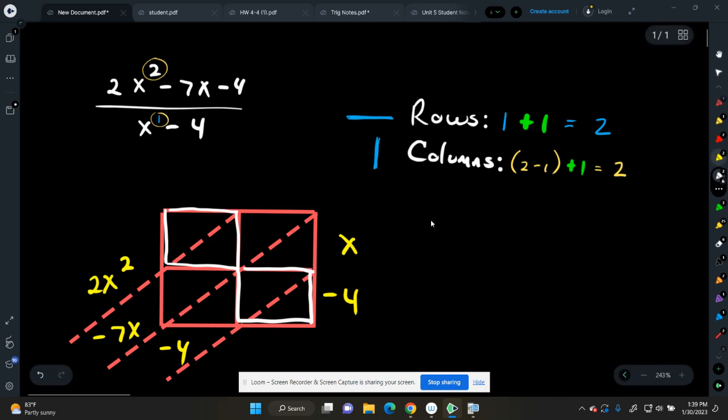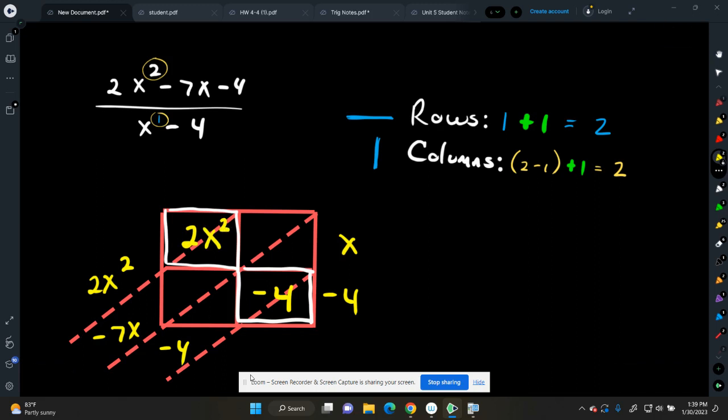That means that whatever this number is, that goes here in that square. And the same thing up here in the top left. The diagonal only goes through 1 spot. So that means this 2x squared just came from that box right there.